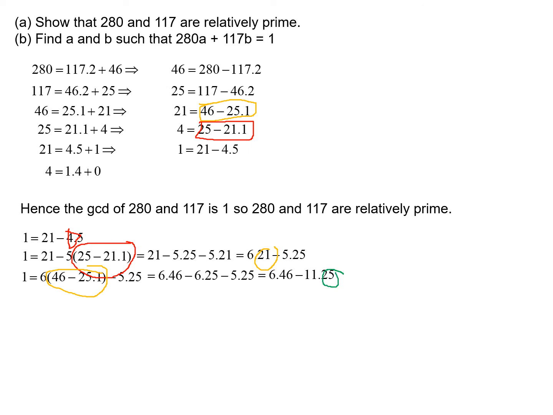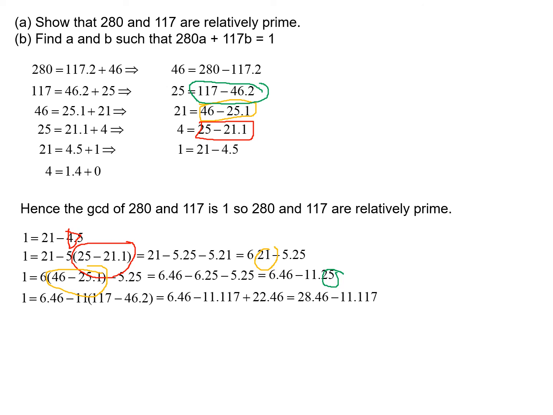You go layer by layer, from bottom to up, and don't jump steps. 25 is equivalent to the green circle here, so we substitute 117 minus 46 multiplied by 2 as 25. Then you leave it as a multiple of 46 and 117.